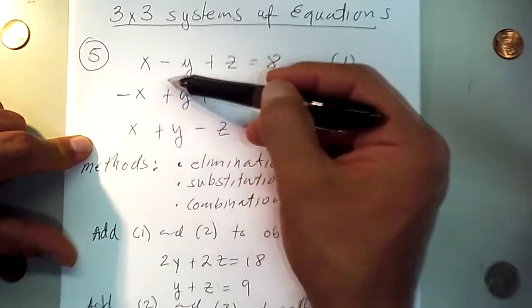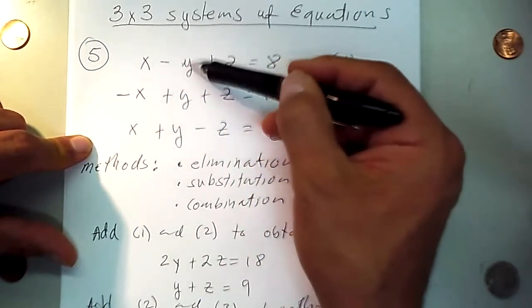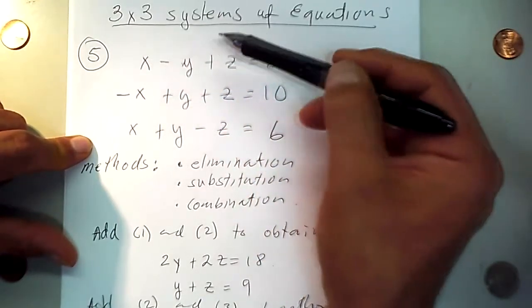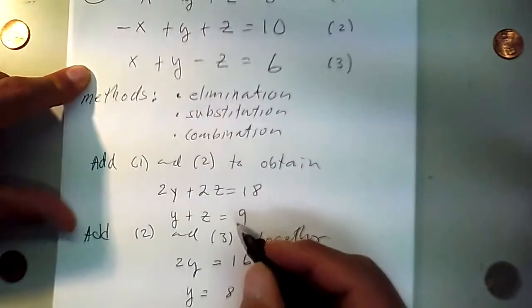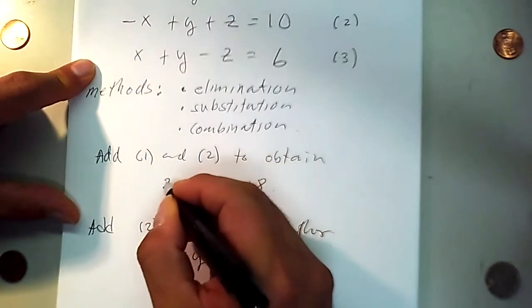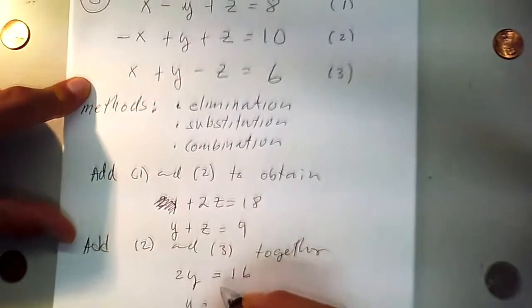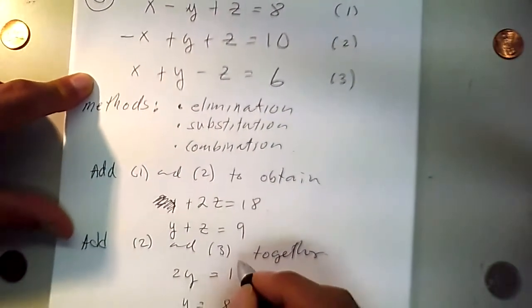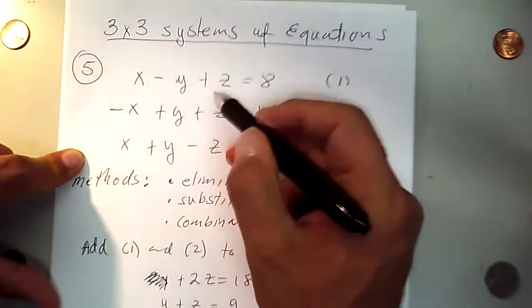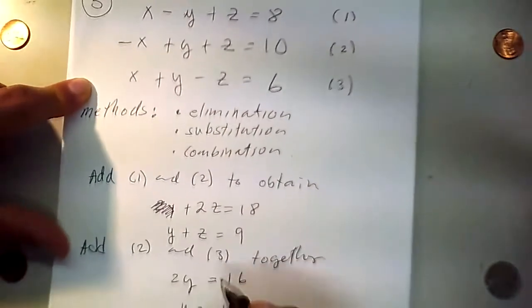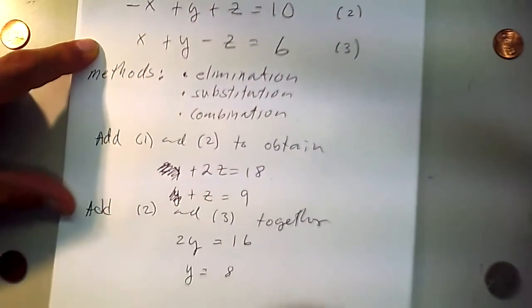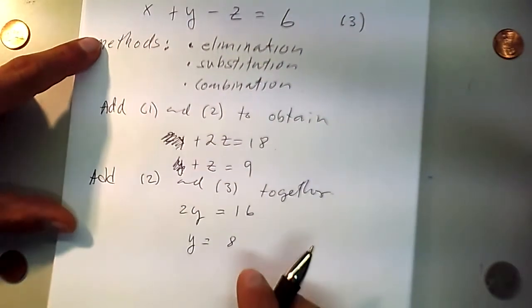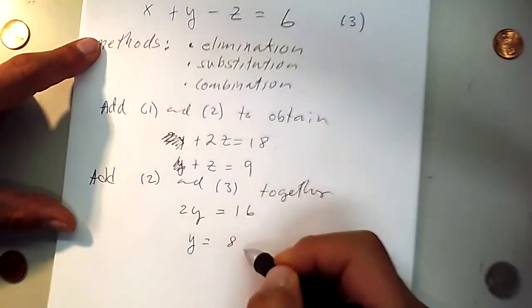Adding those two equations together doesn't give us 2y. This is a negative y. It gives us 2z with no y. Whoopsie. Sorry about that. So the y's cancel out. And yeah, so we end up with 2z equals 18. And that means that z equals 9. Boy, that's actually way faster. We got z, we got y.